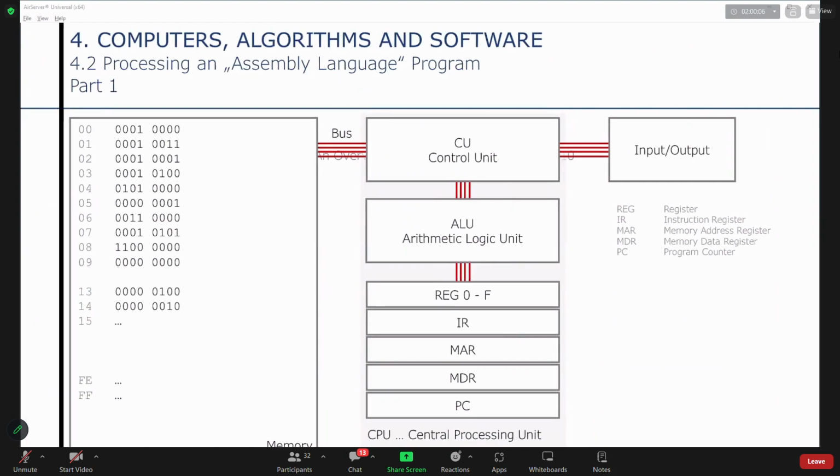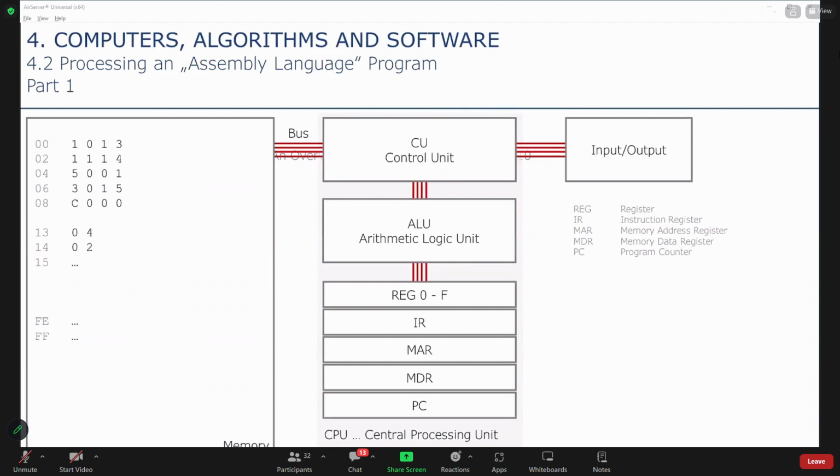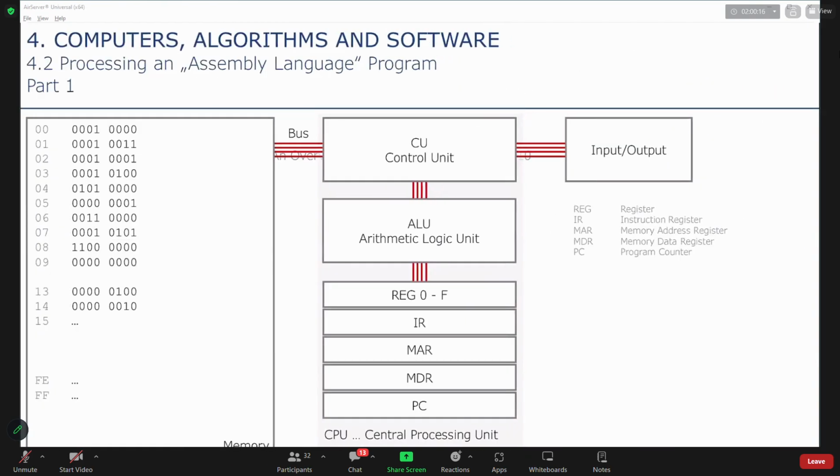And here you are now seeing the lines 00, 01, 02 and 03. Clear? The step from the last slide to this slide.